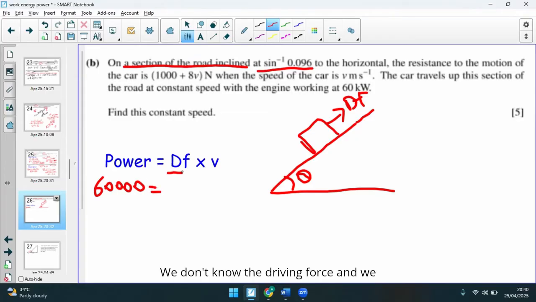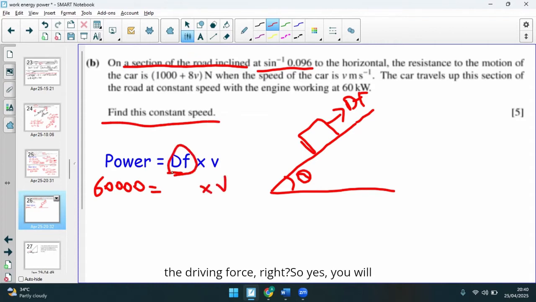We don't know the driving force, and we don't know the velocity. Now, the velocity obviously we need to find. So that's going to be unknown anyway, but we need the driving force. So yes, you will need the diagram to find the driving force.